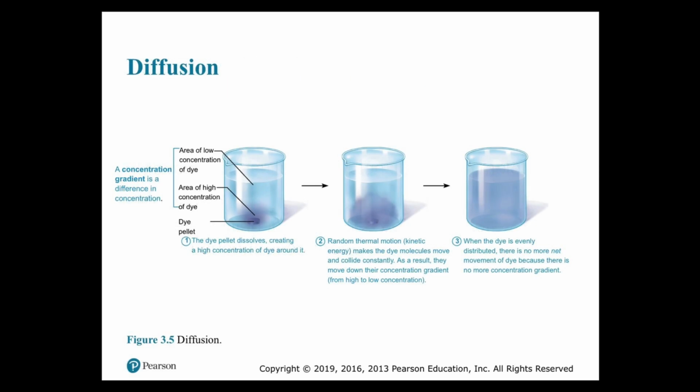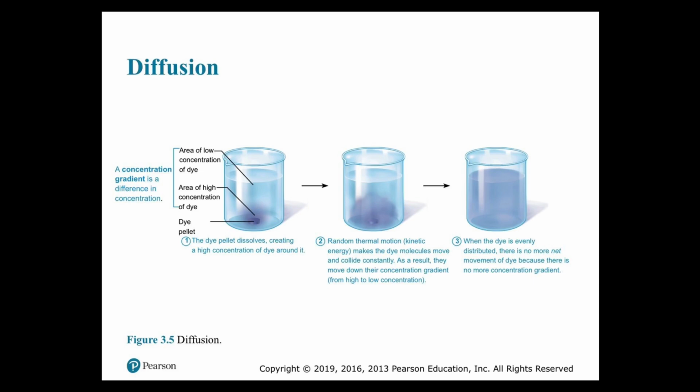Figure 3.5 illustrates the concept of diffusion. So let's say you put a dye pellet in water, for example. So there's a concentration gradient at the beginning. So it's a difference in concentration. You have an area of low concentration of dye, at time 0, for example, and an area of high concentration of dye.